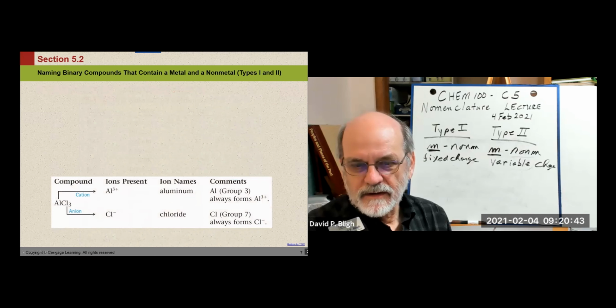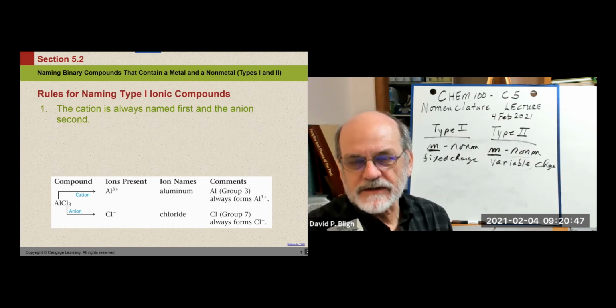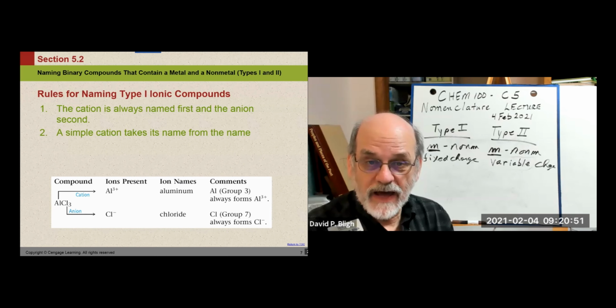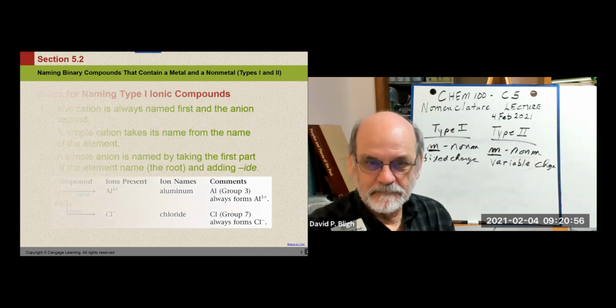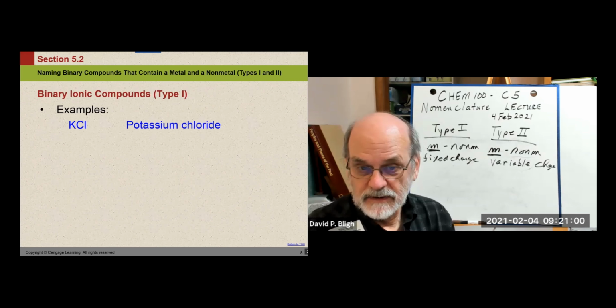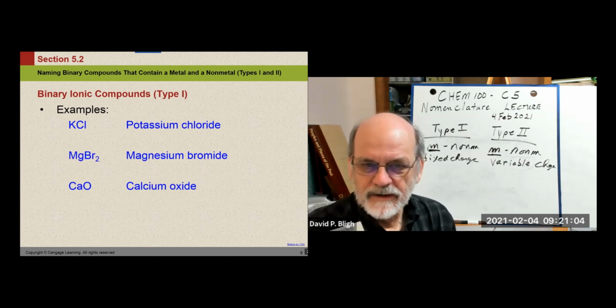Okay. So now, well, this is more detail that I've already given you on type 1 ionic compounds. Right? And these are some examples. Before we get to type 3s, we'll just look at a couple of these.